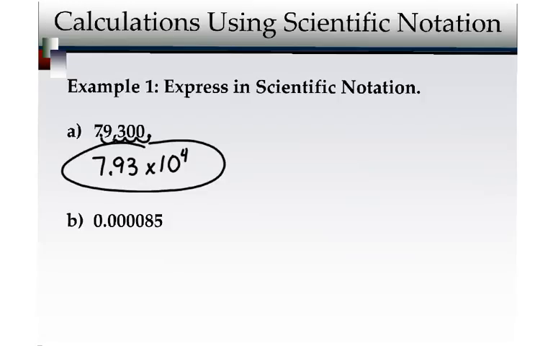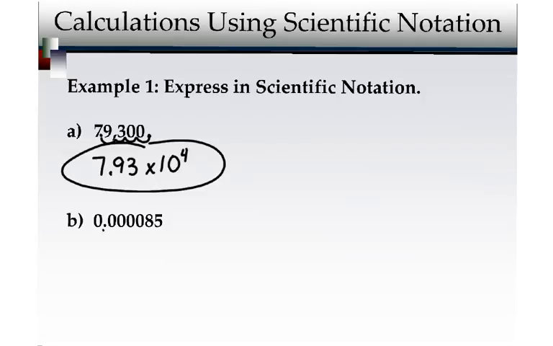And this other one, it's a number much less than 1. So what we do is we are going to move that decimal point over to the right now. When we're converting to scientific notation, what happens when we're moving it to the right is this exponent will be negative rather than positive.